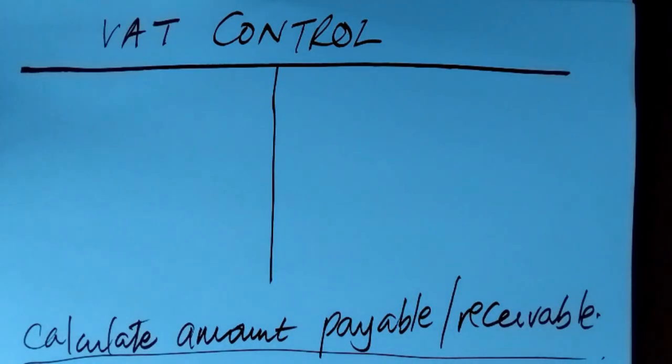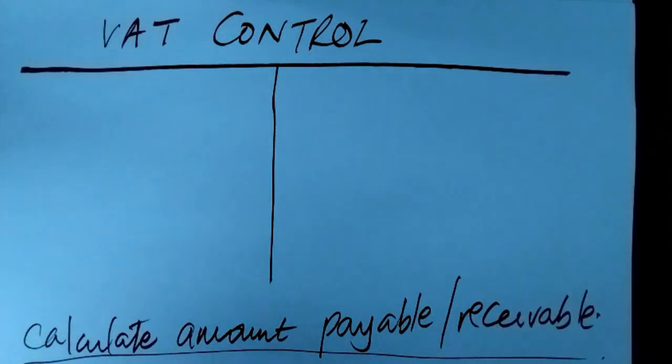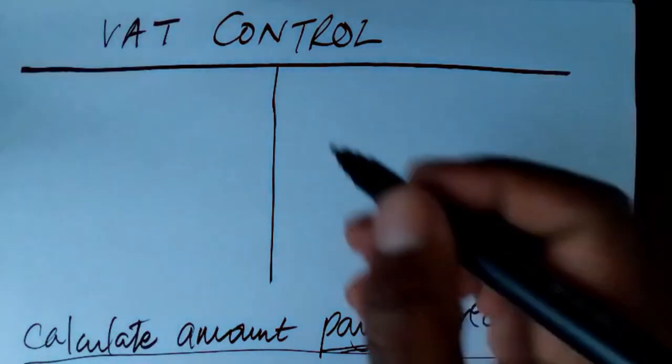You should have seen by now that the first thing is that at the beginning of the year, at the beginning of the month, or at the beginning of the VAT cycle, it is possible that the business might have overpaid SARS or might have underpaid SARS, which means there will be an opening balance which could be a receivable or a payable. If the opening balance is a payable, it will be on the credit side.